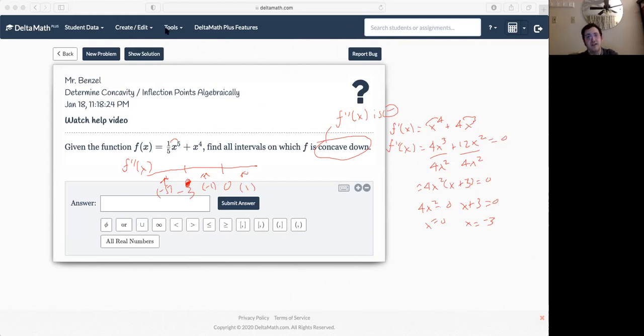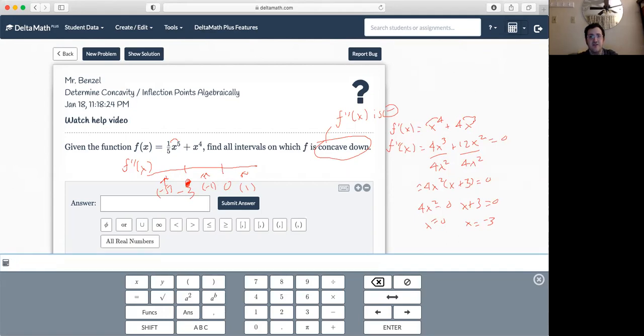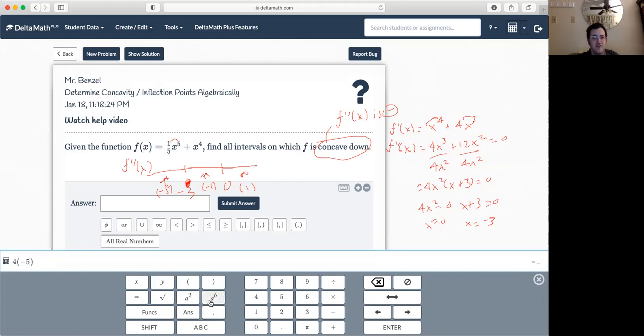So I'm just going to go to my calculator feature and try these numbers out. I'm going to use the equation 4x cubed plus 12x squared. So I'm going to do 4 times negative 5 cubed plus 12 times negative 5 squared. That's going to be a negative number, so that's definitely concave down at that point.